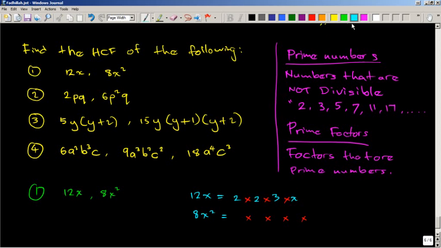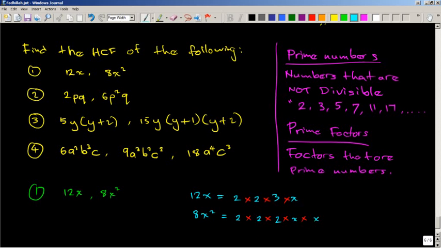Can you tell? What are the factors of 8? 4. 4 is 2 times 2. And then 4 times what becomes 8? 2. 2 again. So what else can you multiply for 8x squared? Of course, x and another x.